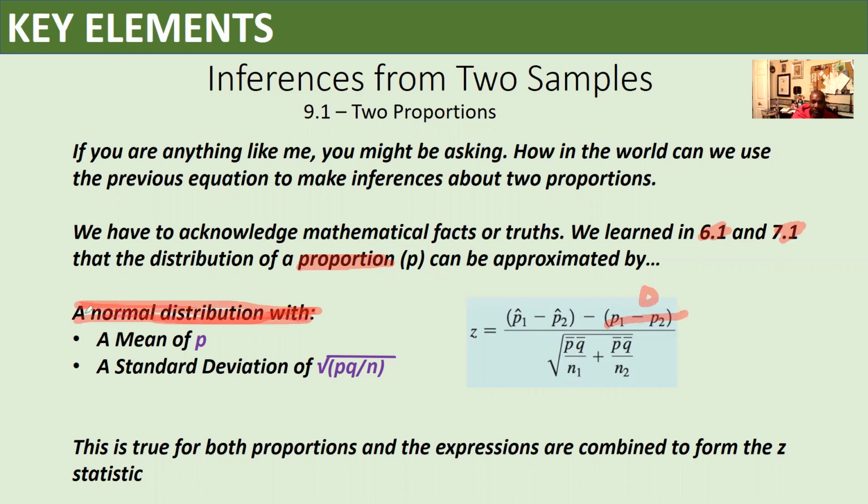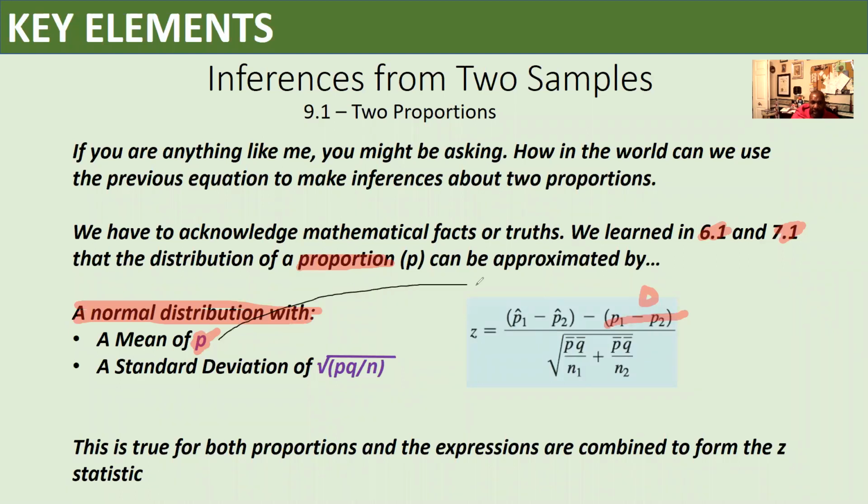But when we do it, it's a little bit different. The mean isn't going to be X bar. The mean is going to be the proportion value of P. And the standard deviation is not going to be our standard deviation, but it's going to be the square root of P times Q divided by N. This is what we've done before. Now, I want to sit back and bring your attention to this just a little bit. Why?